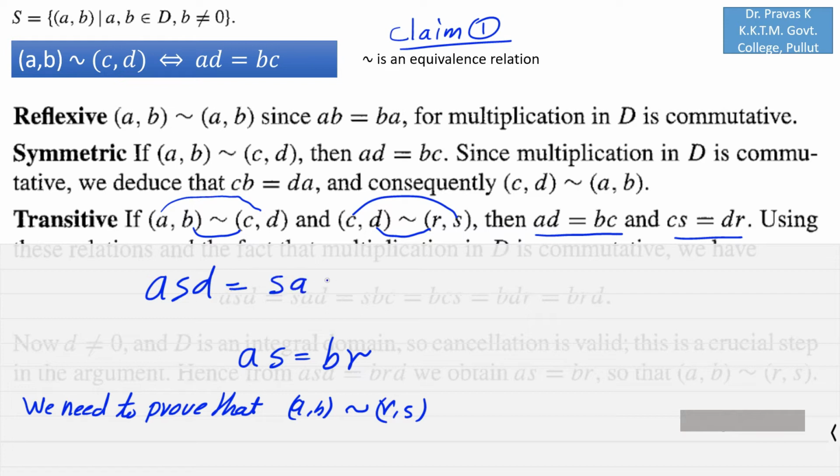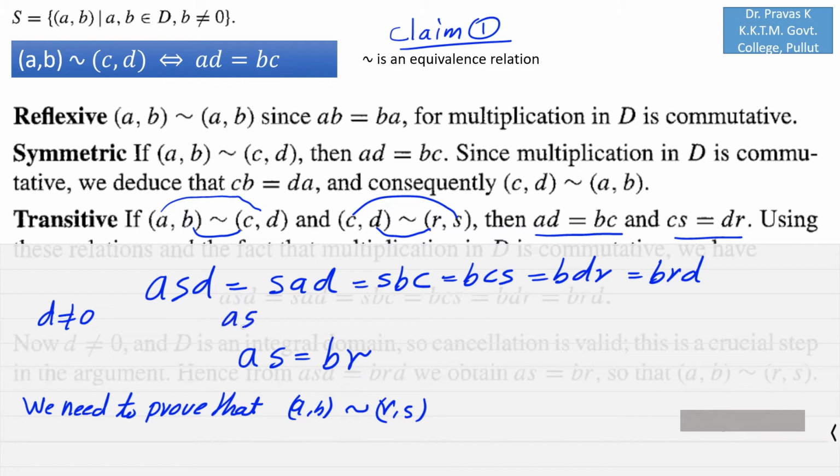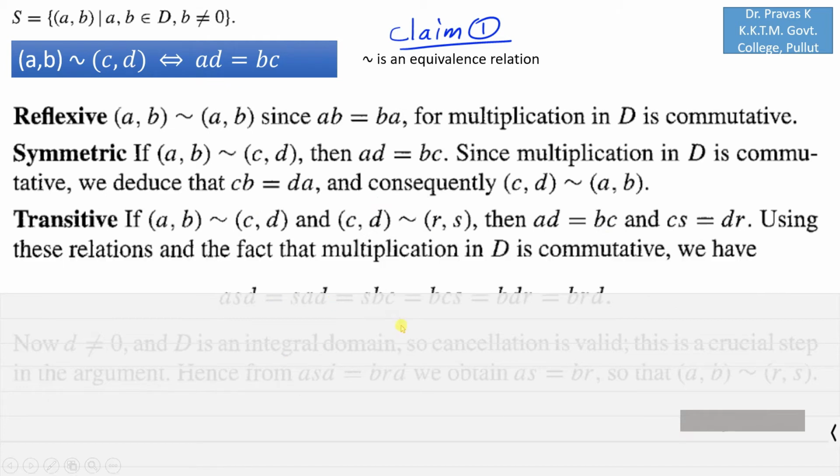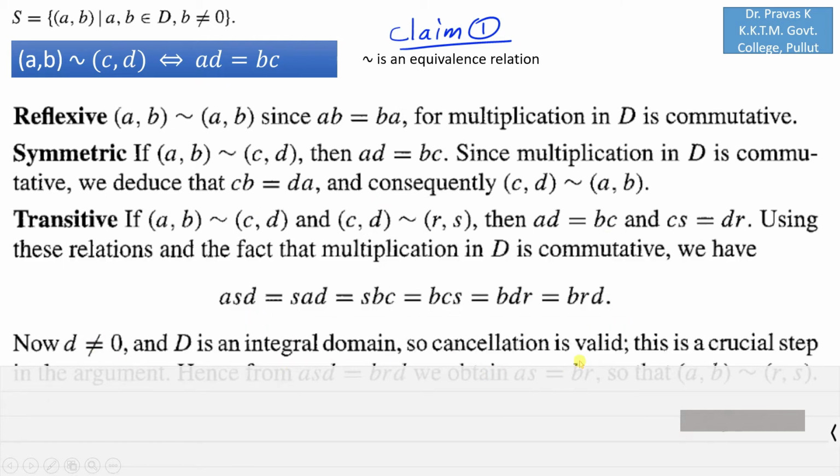Since D is commutative, this is equal to sad, and since ad equals bc you can rewrite it as sbc, and since we have a relation with cs, let us rearrange to make it bcs, and applying cs equals dr we have it as bdr. Now just rearrange to get brd, and since d is not equal to 0 and D is an integral domain, we have asd equals brd implies that as equals br, which is the requirement for (a, b) tilde (r, s). Hence we have completed our proof, and tilde is an equivalence relation.